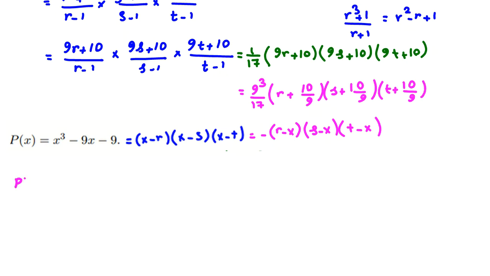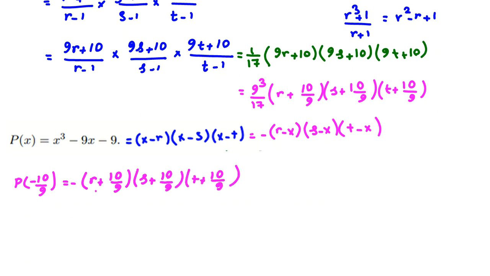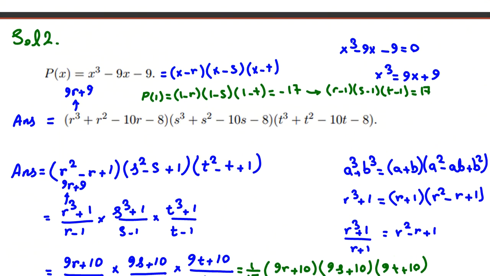Then if we consider p of negative 10 over 9, we get negative r plus 10 over 9, s plus 10 over 9, and t plus 10 over 9. So p of negative 10 over 9 is this.